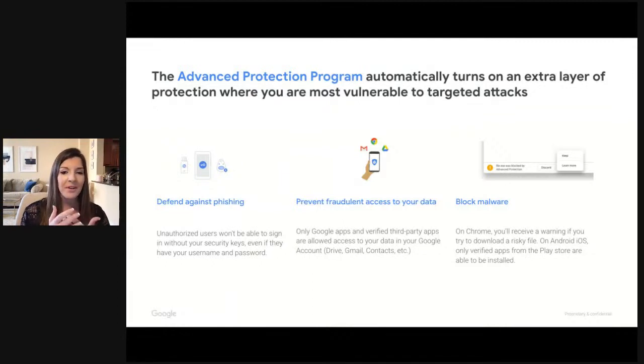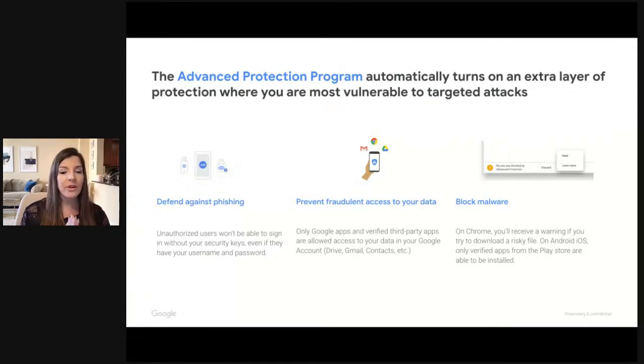And then last but not least, it helps block malware. Attackers use many strategies to get users to download harmful software. Google Chrome protects all users against malware, but Advanced Protection adds an even stronger layer of defense. If you attempt to download a risky file, you'll receive an additional warning, or the download may even be blocked.